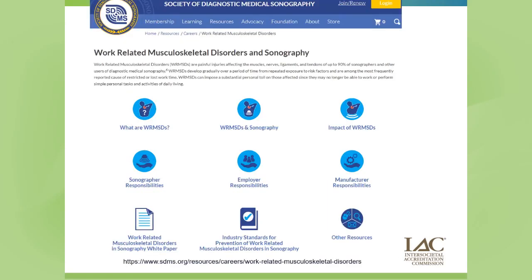And this is that web page I was referring to that you can go to through the SDMS site, where you can look up what are work-related musculoskeletal disorders, how does it apply to sonography, how does it impact us, and then the 3 responsibilities between us as sonographers, the employer, and then the manufacturers.